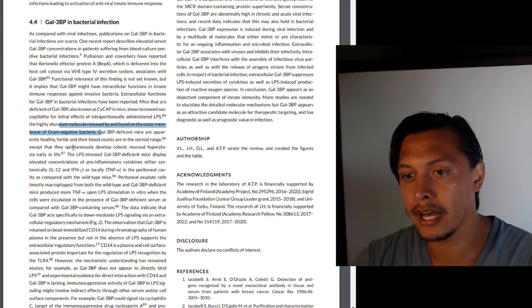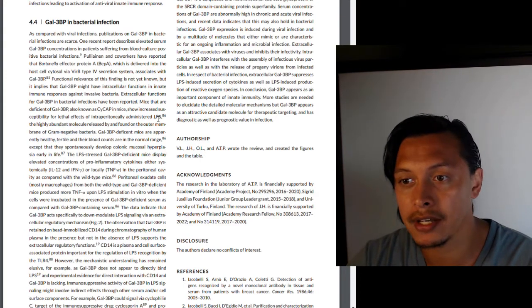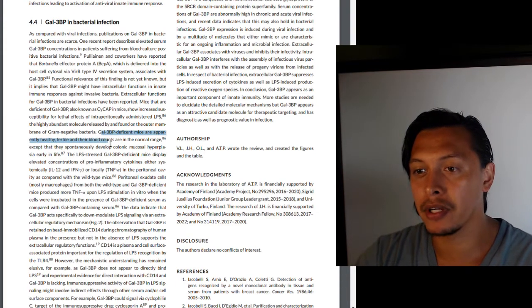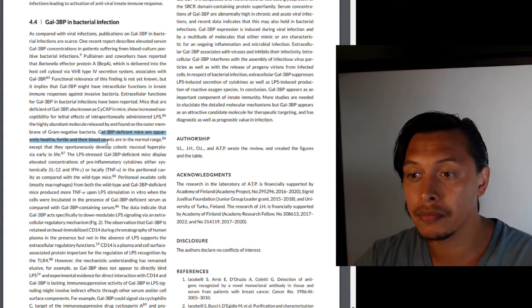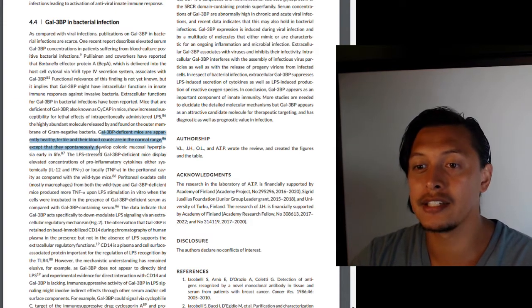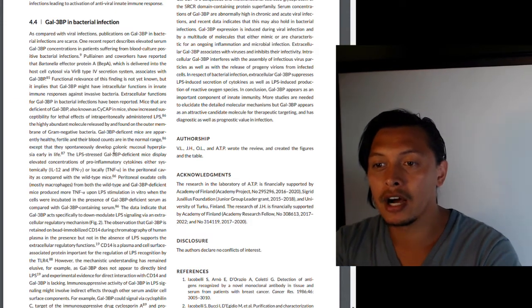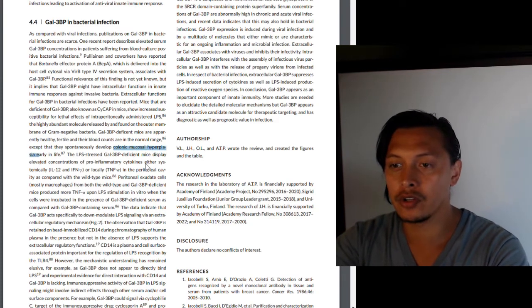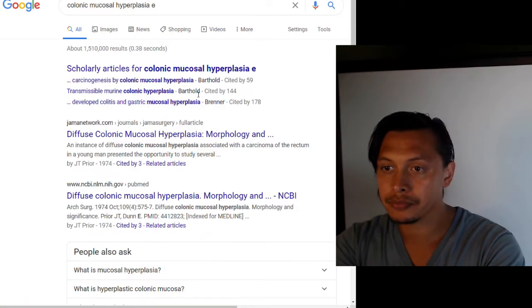So yeah, the gram-negative bacteria have a lot of this LPS. Gal3BP deficient mice are apparently healthy, fertile, and their blood counts are in normal range, except that they spontaneously develop colonic mucosal hyperplasia early in life. So what is colonic mucosal hyperplasia?